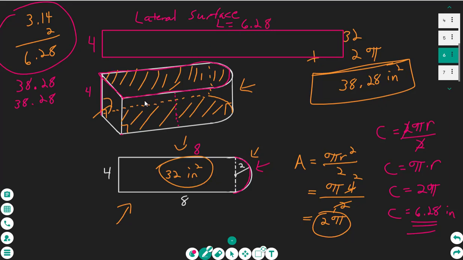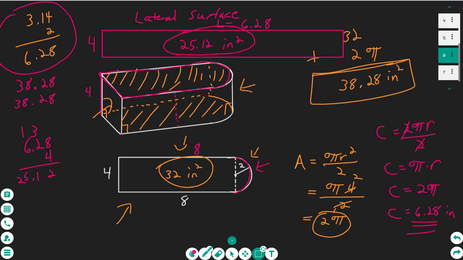You following me here? So now to find the area of this lateral surface, we multiply length times width. So we take 6.28 and we multiply it by a 4. What's that going to give us? 25.12, right? So this area is 25.12 inches squared. So that's an important one.